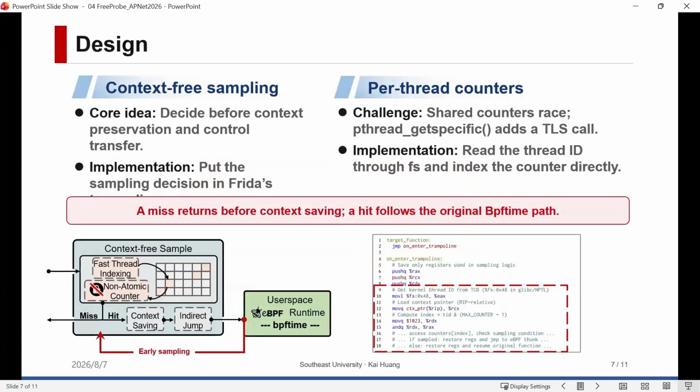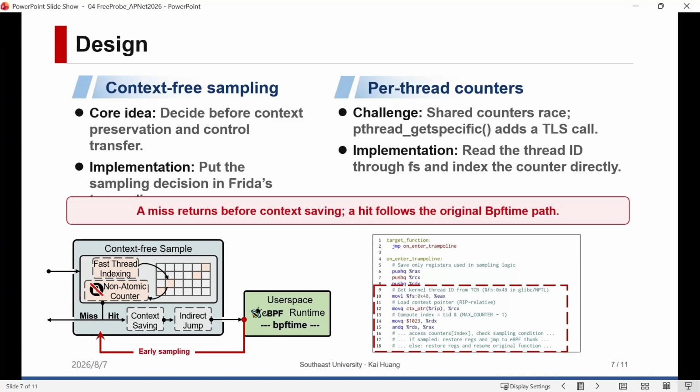There are two implementation details. First, context-free sampling is inserted before context preservation and control transfer, so non-sampled events bypass the expensive path entirely. Second, a shared counter would introduce races and sampling bias.